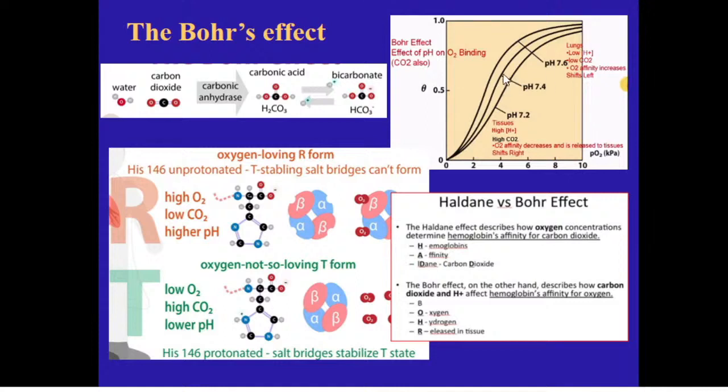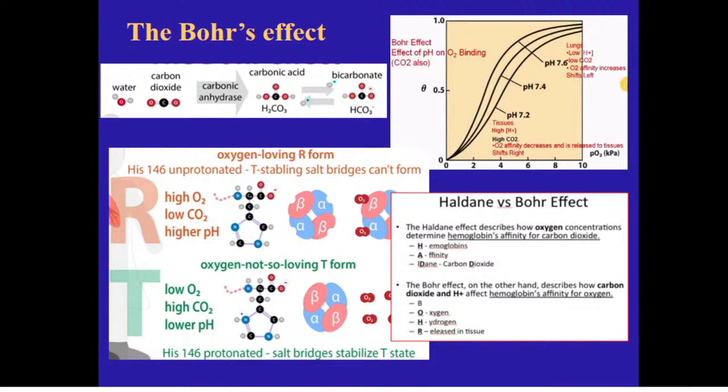This is pH 7.4, and if it is more alkaline, it will shift left, and in lungs we can obtain more oxygen. And when pH is changed, like in tissues, a high concentration of protons, of hydrogen, will cause a shift of this curve to the right. It means release of oxygen to the tissues. This dependence is named the Bohr effect.